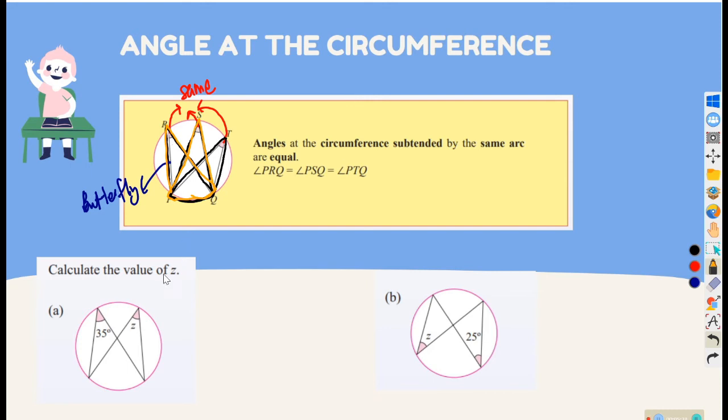Now we move on to the example. Calculate the value of Z. We know that this angle here is 35.